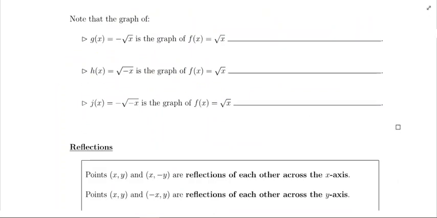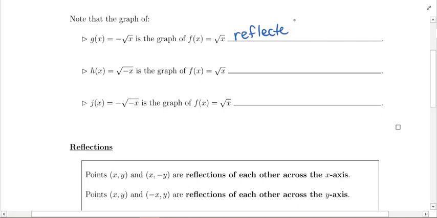Let's jump to page 7 and write this down. It says, note that the graph of g of x is equal to negative square root of x is the graph of the original function f of x is equal to the square root of x. All we've done to get the blue graph from the black graph is reflect it about the x-axis.